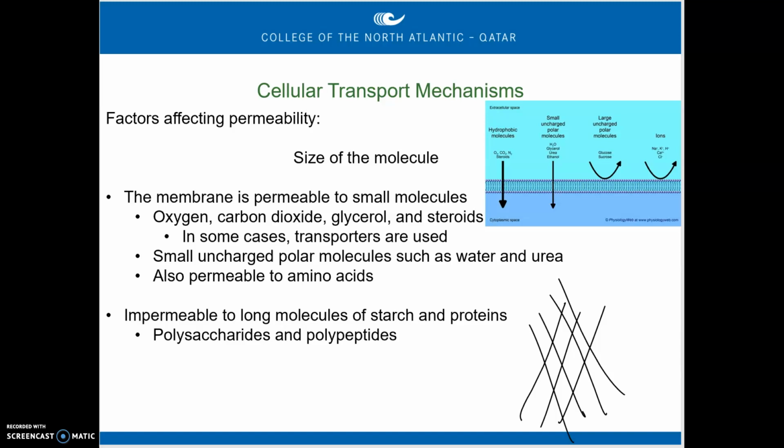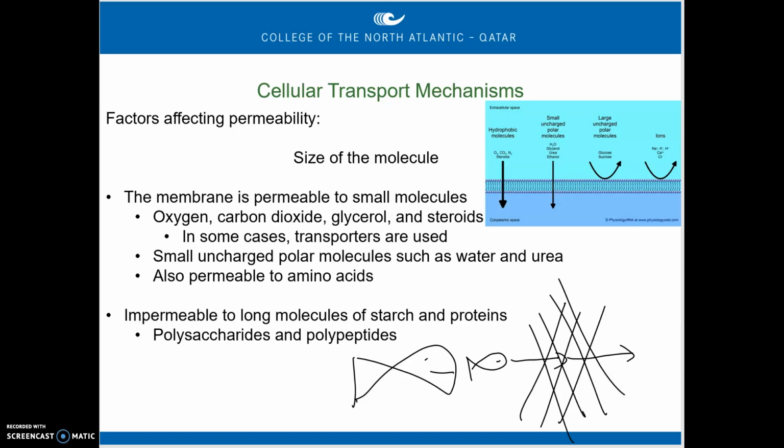If you have a certain size hole in your net, then the little fish will be able to pass through no problem. Just like the little molecules, they'll be able to fit through these holes and go on through the membrane. Now, when we get to the bigger fish, and I'll apologize because I am an awful artist, the holes in the net are going to be too small, so those big fish aren't going to be able to fit through.